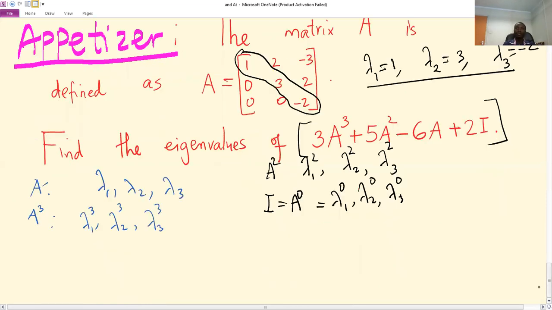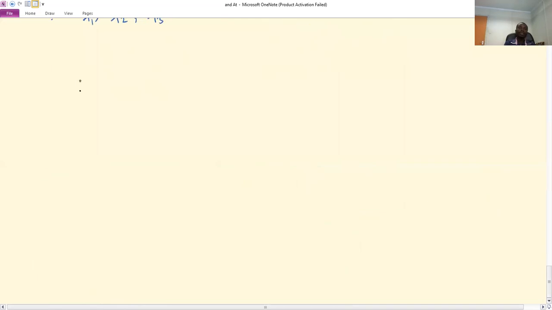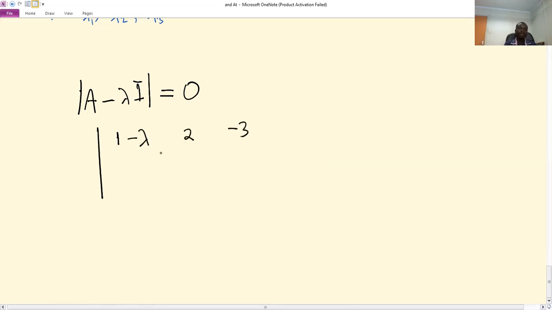If you don't believe that, remember that to get eigenvalues, we have to solve the determinant of A minus lambda I equal to 0. So we have 1 minus lambda, 2, minus 3; 0, 3 minus lambda, 2; 0, 0, minus 2 minus lambda.